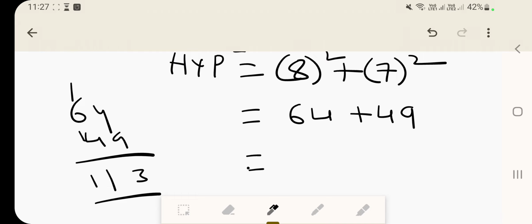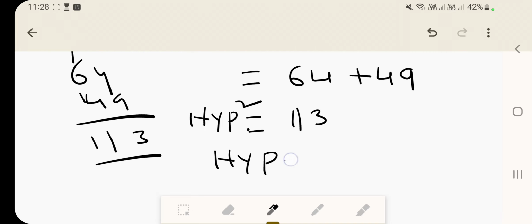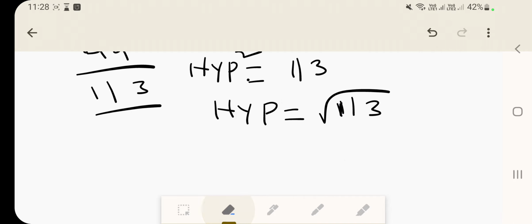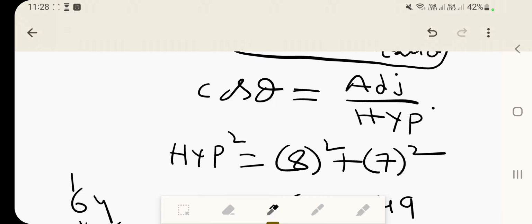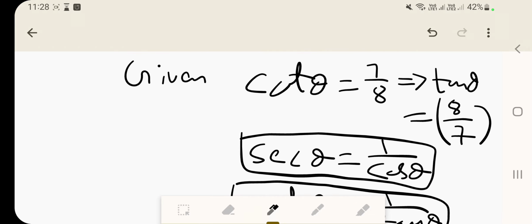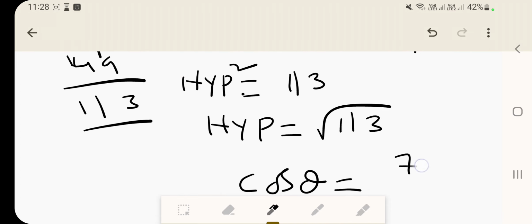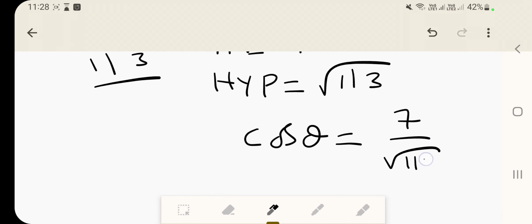So it is going to be 113. So hypotenuse square is equal to 113. From this, hypotenuse is equal to root 113. We don't have any particular solution for this 113, so we can take it as root 113, and we need to calculate cos theta, that is equal to adjacent side length by hypotenuse. Adjacent is 7. So 7 by root 113.